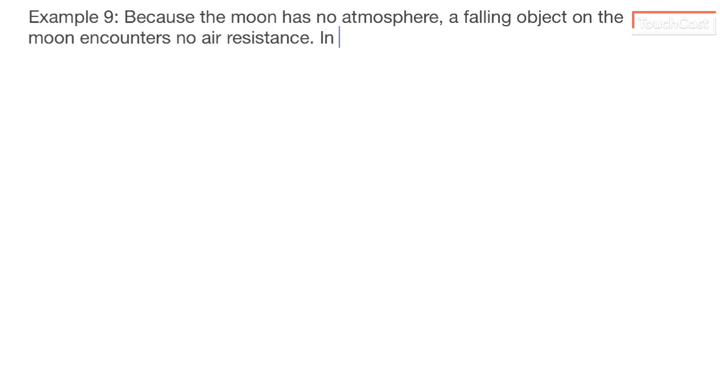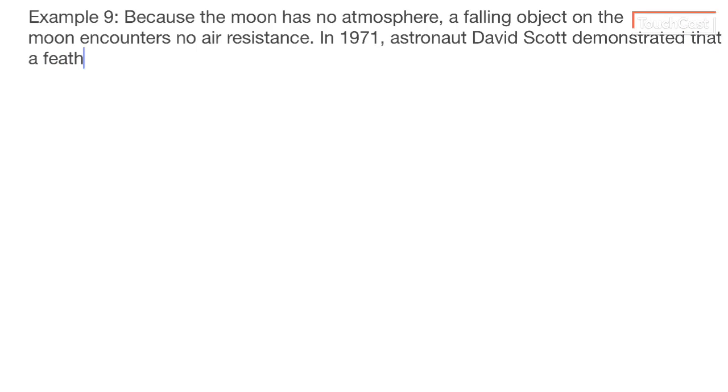In 1971, astronaut David Scott demonstrated that a feather and a hammer fall at the same rate on the moon.